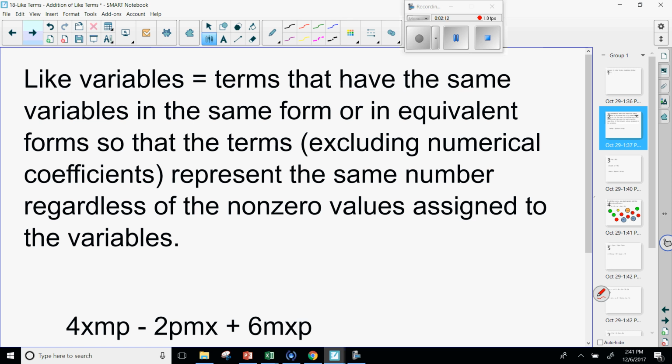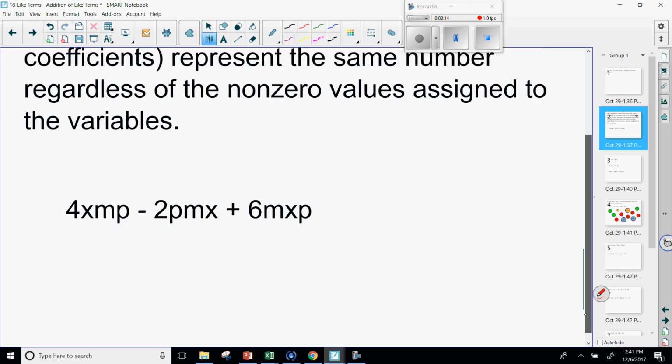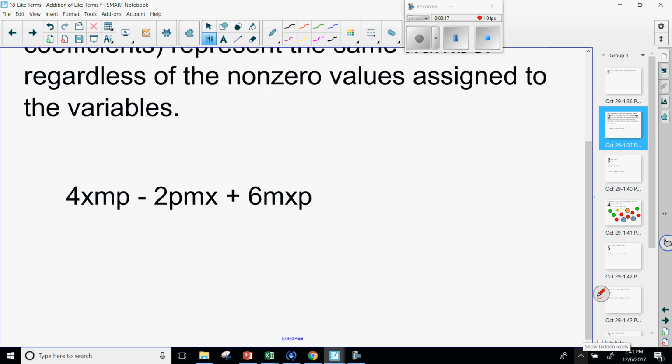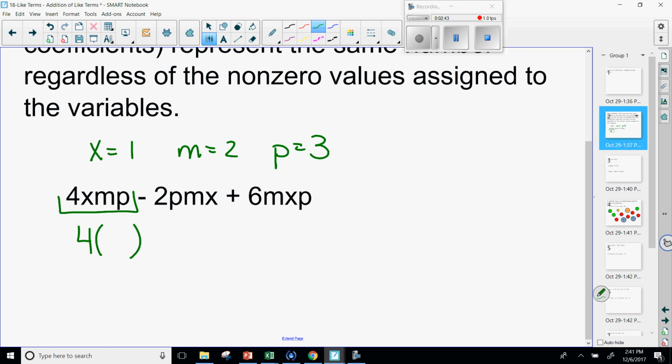represent the same number regardless of the non-zero values assigned to the variables. So if I look at this for an example, we have 4xmp minus 2pmx plus 6mxp. If I told you x was equal to 1, m was equal to 2, and p was equal to 3, I could say that this first term is the same thing as 4 times 1 times 2 times 3, which is 6.